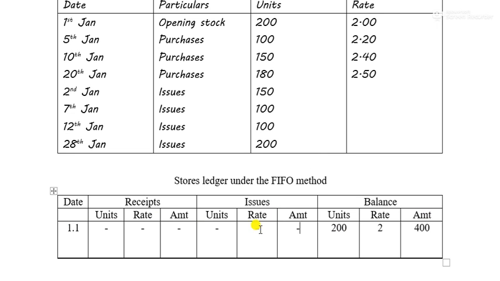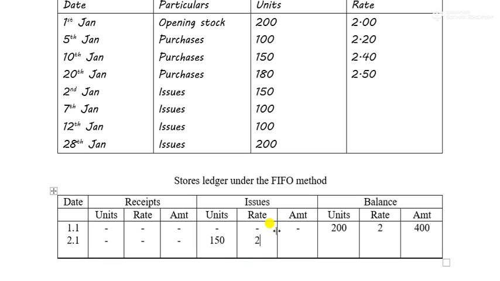Now after recording the balance of opening stock, we can come to the second date, that is 2nd Jan. So what happened on this date? There was no purchase, instead there were issues made, right? So we record over here 150, and we are talking about the FIFO method, but here only one type of stock is there, so no problem in issuing from this one.